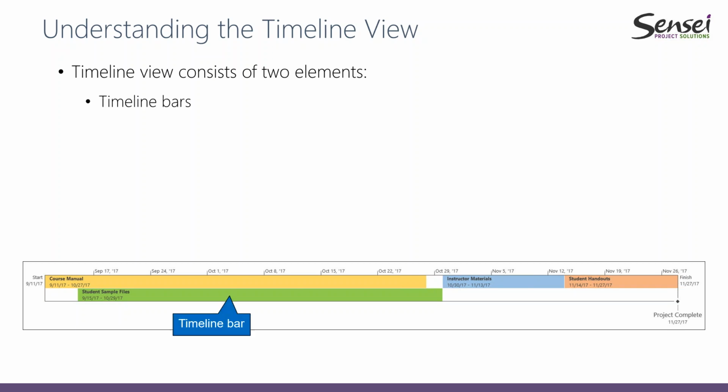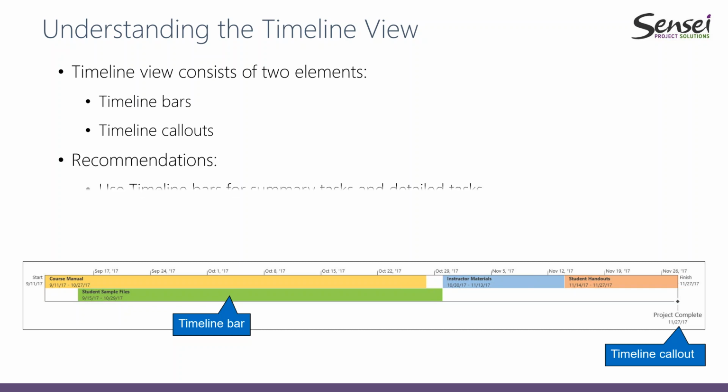The first is the timeline bars, which represent the major phases, the highest level of phases that we have in our project. Generally, this is what we put in the timeline bar. And then we have the callouts, which are small items that we can use, for example, for milestones that are important in our project, or really small tasks that we would like to show in the timeline because they are important.